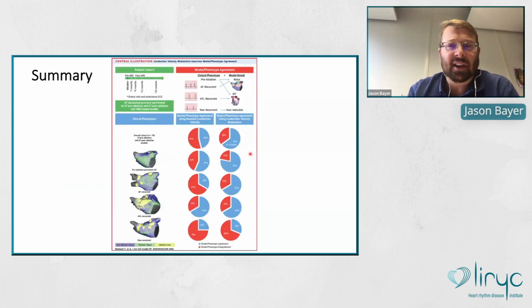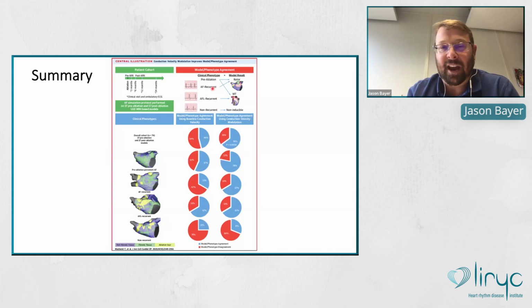So to summarize the study, this figure kind of does it all. They had patients from a single cohort where they had data about the arrhythmia before and after ablation. They had MRI as well during these times, so they could calculate the fibrosis and include it within the models. And within these patients, again, they took the clinical phenotypes. So pre-ablation, they identified them either as rotors, if you could induce that, or a tachycardia.